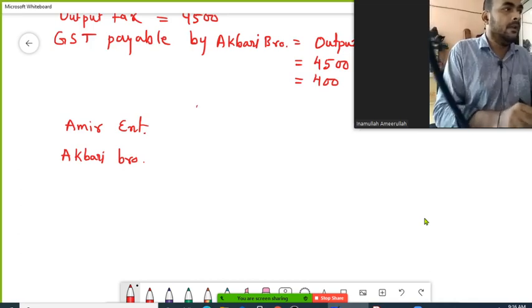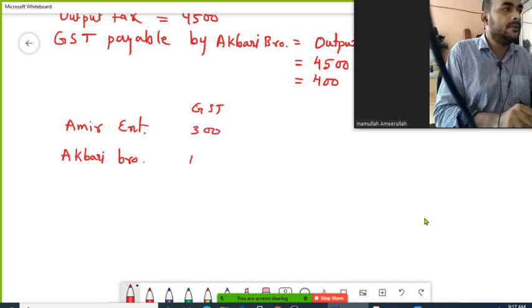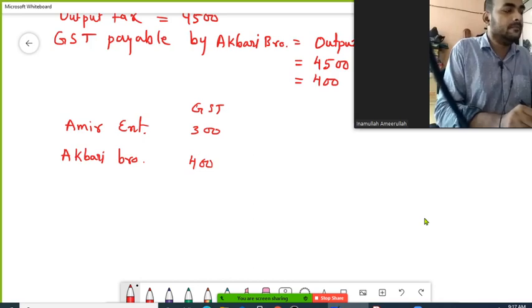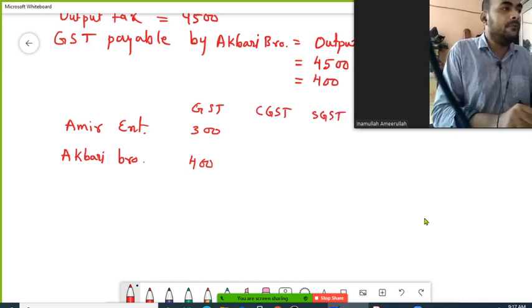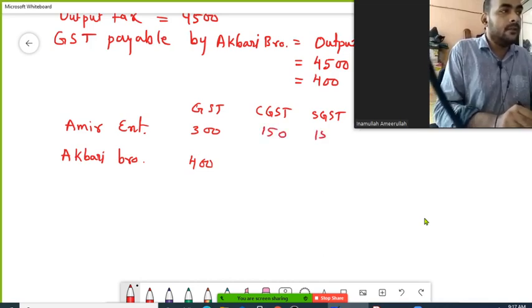The GST amount in case of Akbari Brothers is 400 and it is 300 for Amir. Then CGST and SGST. CGST should be half of GST. If GST is 300, it will become 150 and 150. If it is 400, it will become 200 and 200.